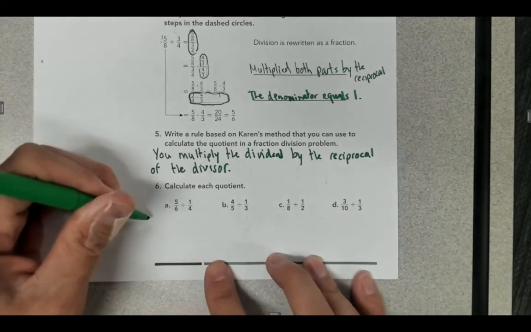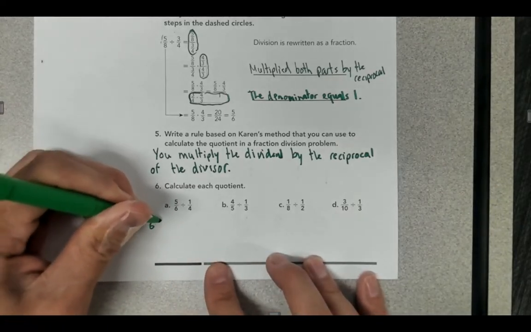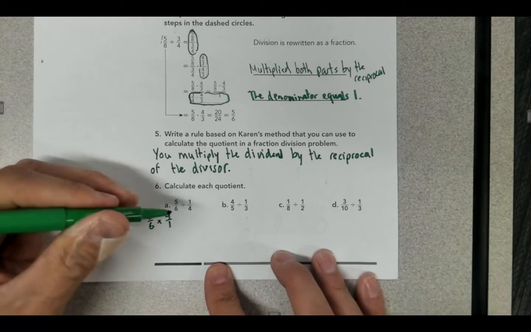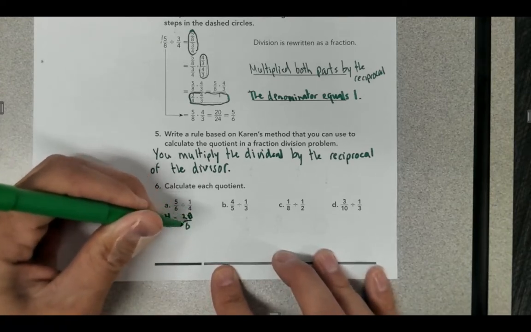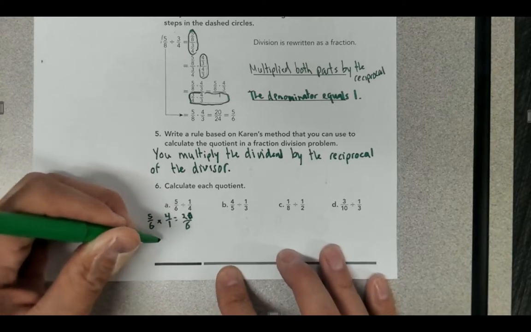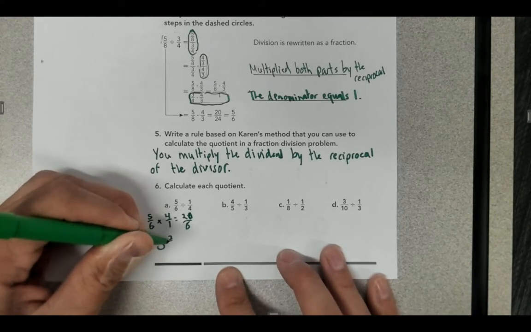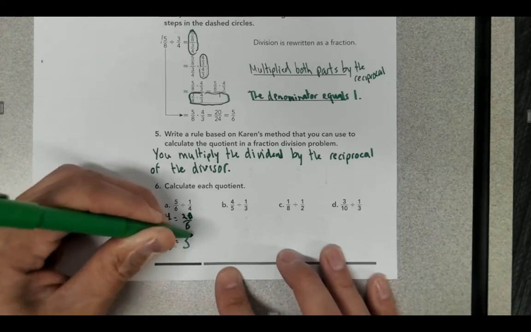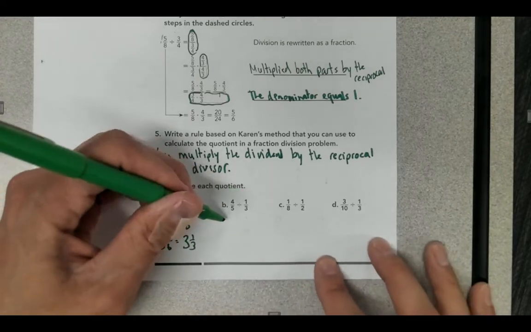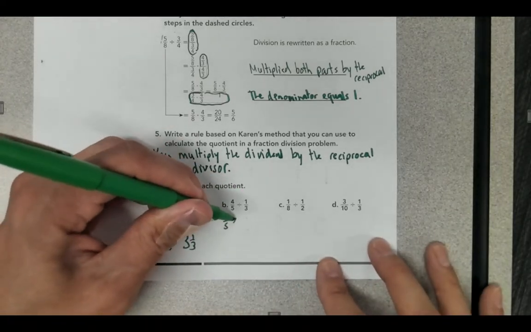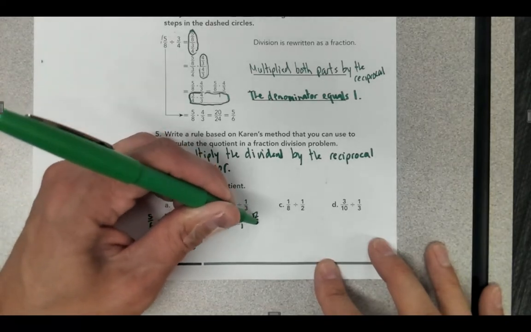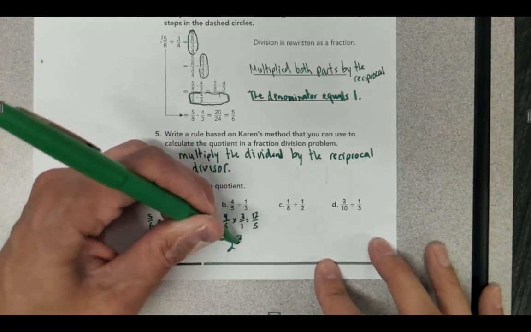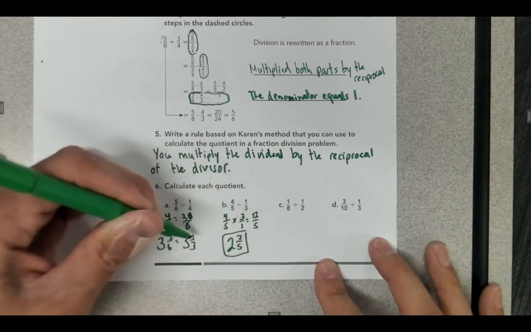Calculate each quotient. Well, this would be 5/6 times 4/1, which equals 20/6, which is going to be equal to 3 2/6, which is equal to 3 1/3. This would be 4/5 times 3/1, which is going to be 12/5, which is going to be 2 2/5.